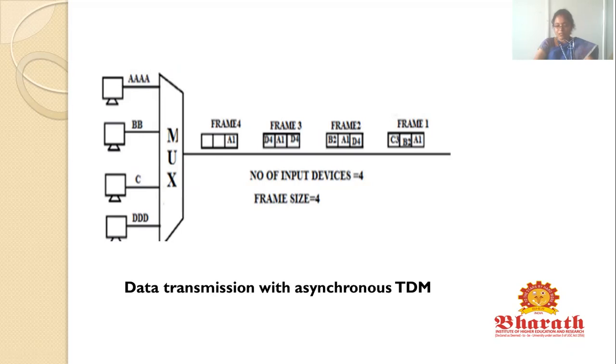But in asynchronous time division multiplexing, with n input lines, the frame may have n or fewer than n slots. The number of slots in the frame is based on a statistical analysis of the number of input lines. That's why it is also called statistical time division multiplexing.